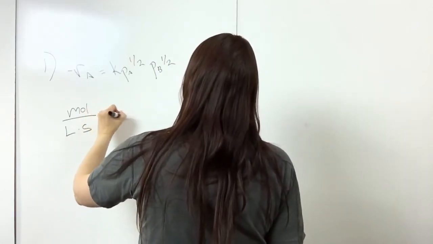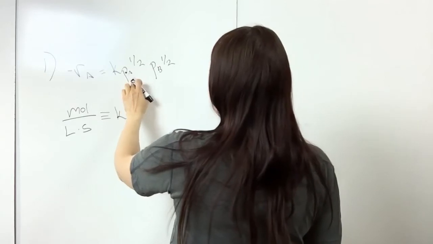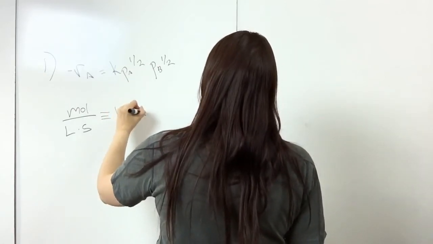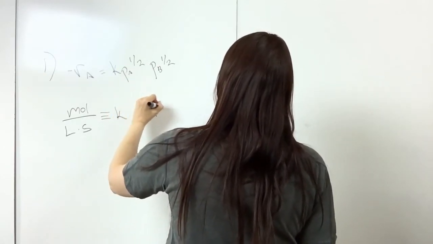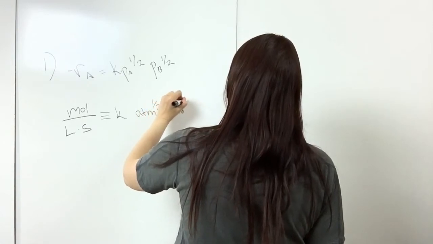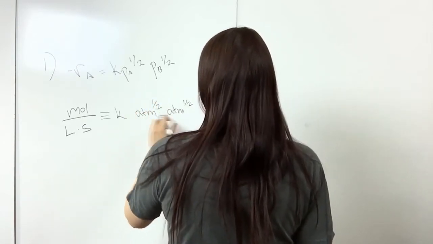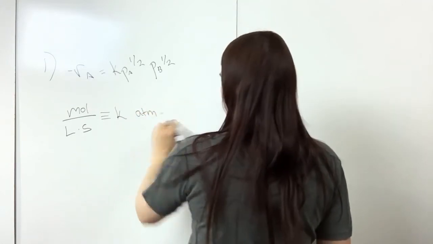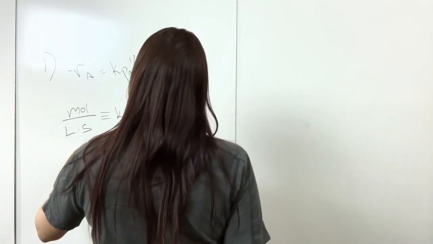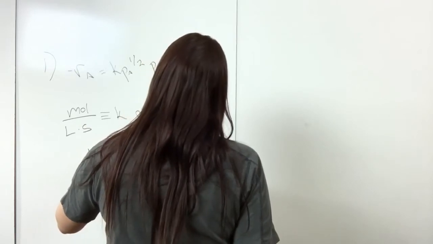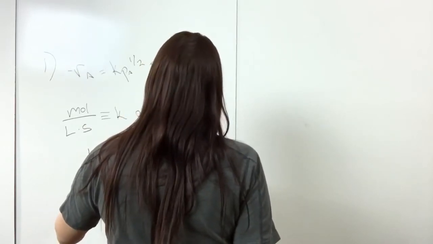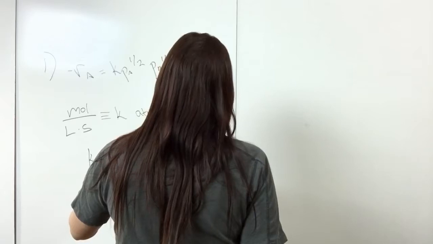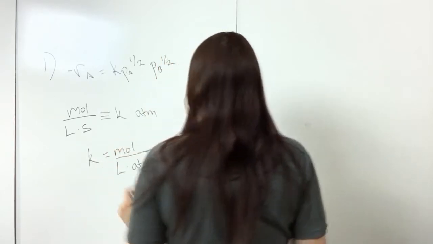So you have K, and then you have pressure to the 1/2 and a pressure to the 1/2. So then these just combine, so then you just have pressure. So then you know that the units for K need to be mole per liter per atmosphere per second.